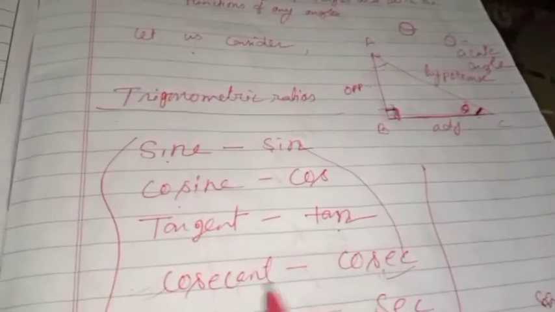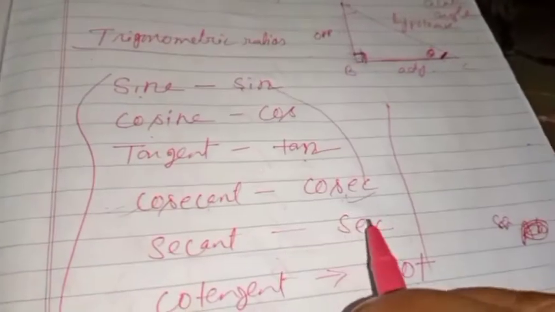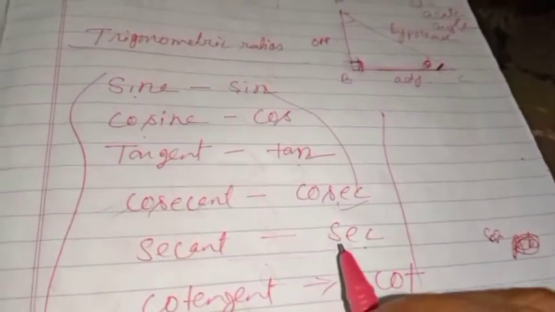Here you can see there are 6 ratios. Sine, the abbreviation for sine is sin. Then cosine is cos, tangent we write tan, cosecant is cosec, secant is sec, and cotangent is cot.